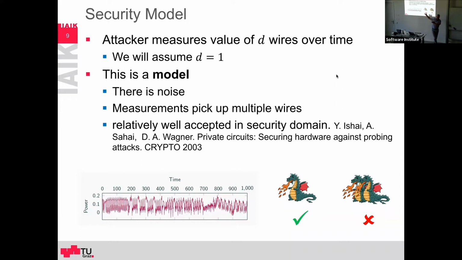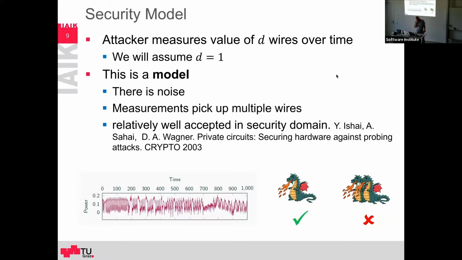So you fix your power side channels, and then they start looking at the noise that something emanates, or they figure out that your phone has a sensor that measures acceleration, and if you type your PIN code, you wobble your phone, and you make conclusions about your PIN code. That's stuff that makes them happy. That makes me really unhappy, right? There's no way to prove anything about a general security property. I cannot prove that the system is correct. What I can do is say that inside of this model, the system is correct.